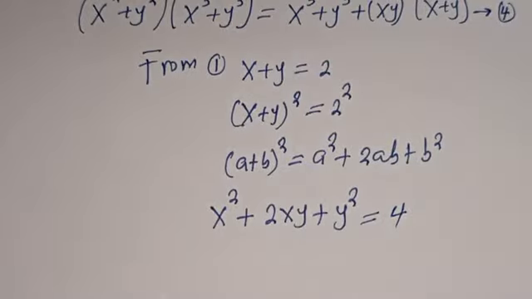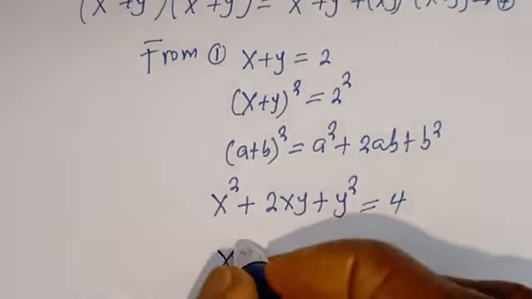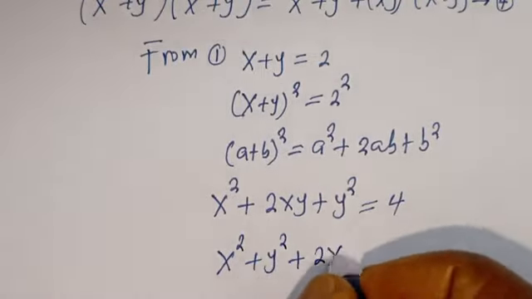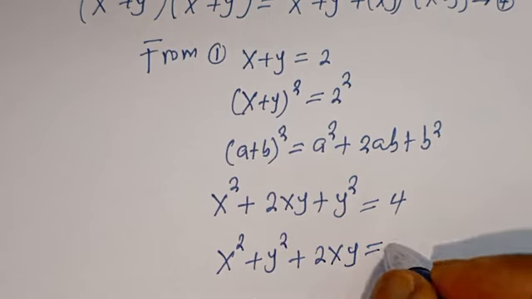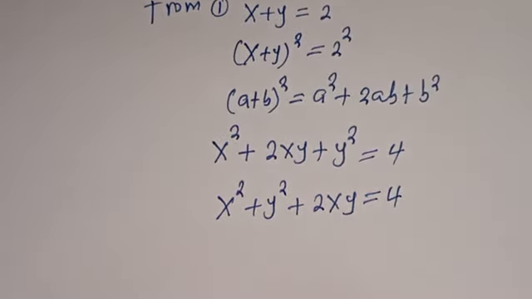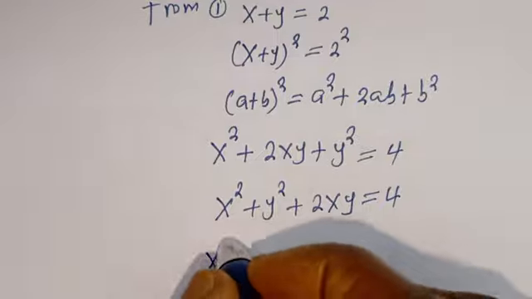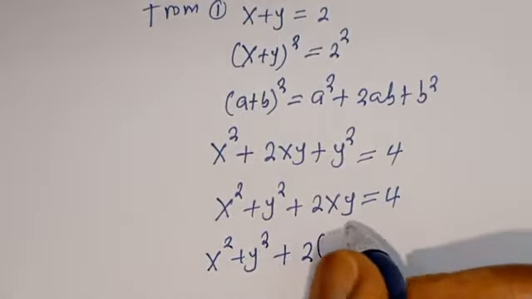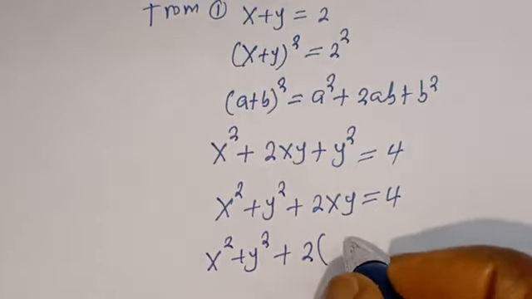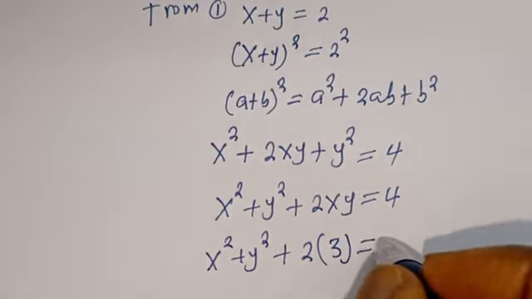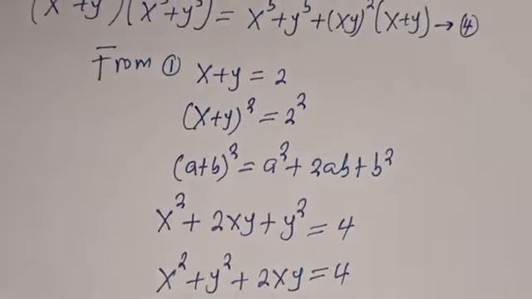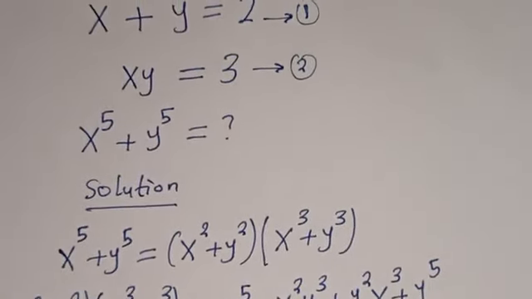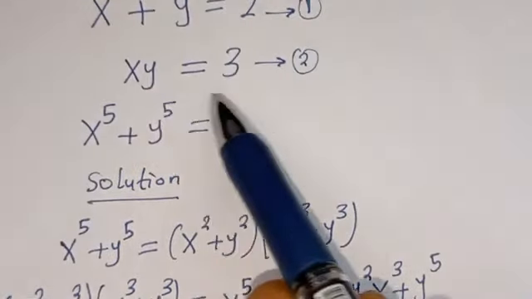Now we have x square plus y square plus 2xy is equal to 4. Now we have x square plus y square plus 2 bracket xy. From equation 2, xy is equal to 3.